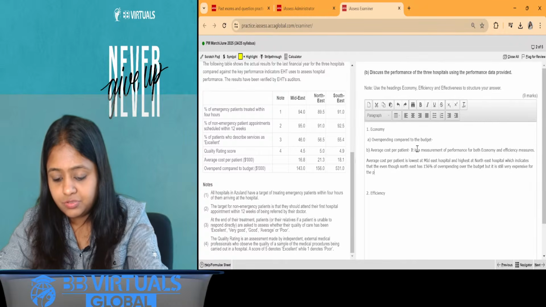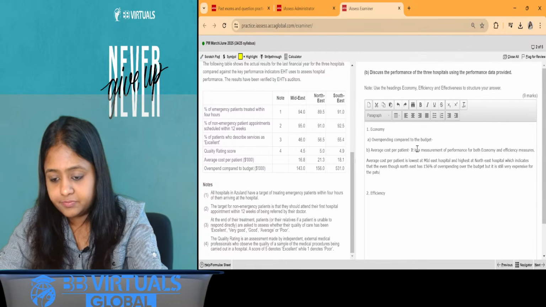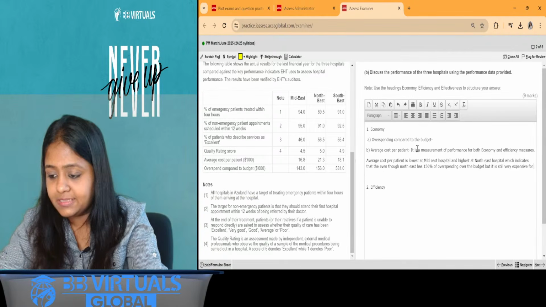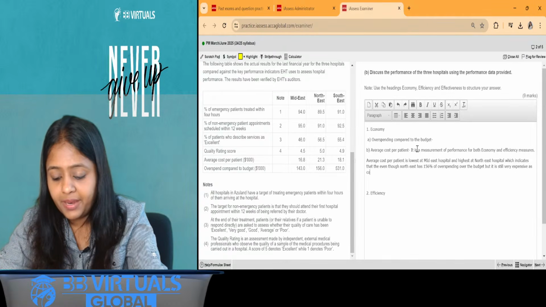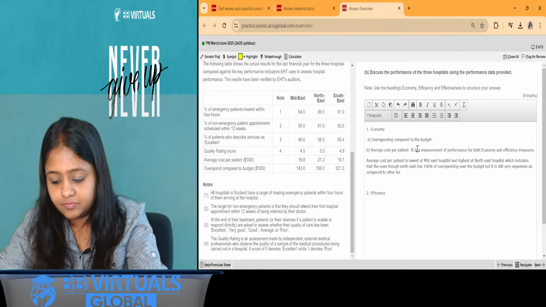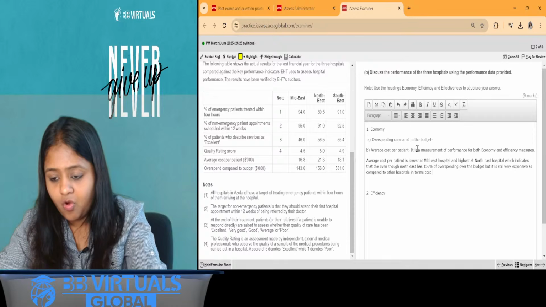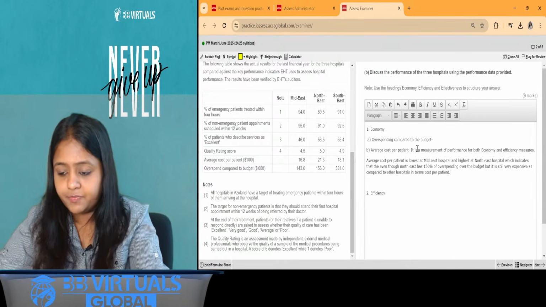No, sorry, it is still very expensive as compared to other hospitals in terms of cost per patient.